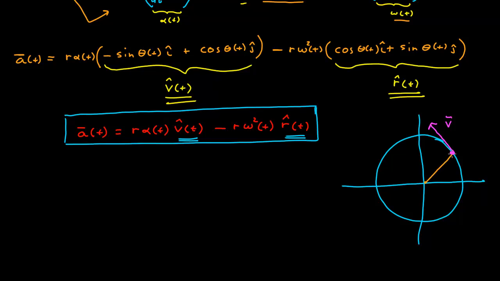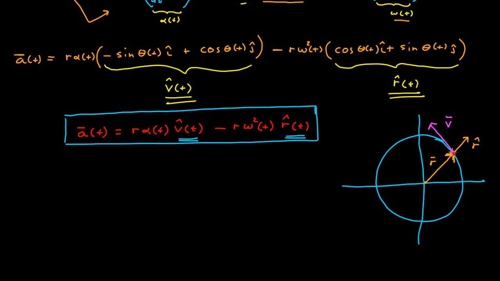I have my radius, which is always pointing this way. So this is my radius function. Obviously, that's the radius direction. The radius vector points to that part. They're always perpendicular. And now I have an acceleration vector.